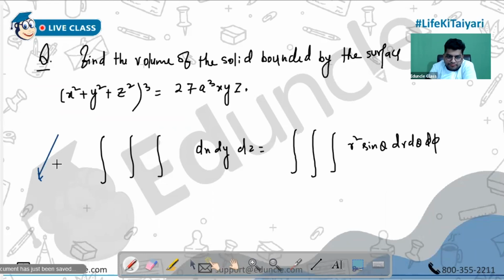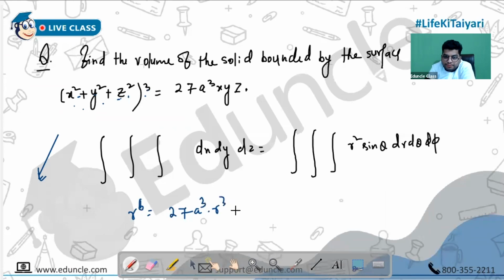What is this problem? First of all, put x y z coordinates, then x square plus y square plus z square is r square, so r to the power 6 is equal to 27 a cube times r cube, cos phi sin theta, sin phi sin theta, and cos theta. This is the answer.